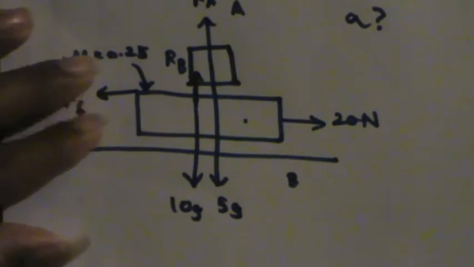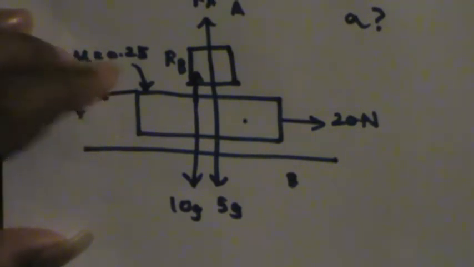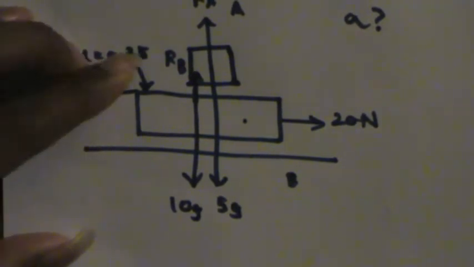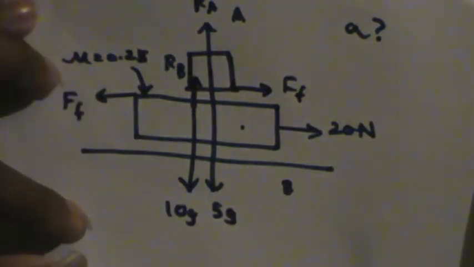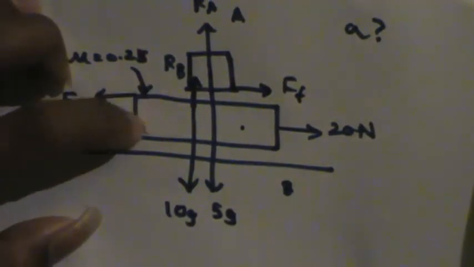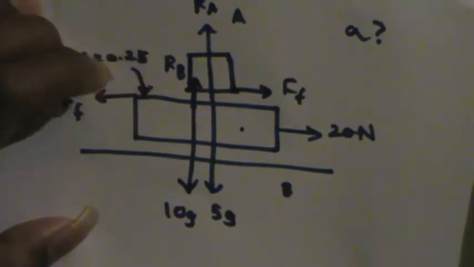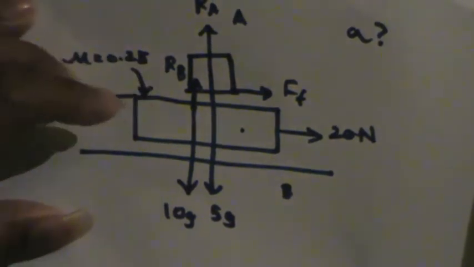According to Newton's third law, the same Ff acts on this object as well. You put a force on me, I will put a force on you. The action and reaction are equal in magnitude but opposite in direction.